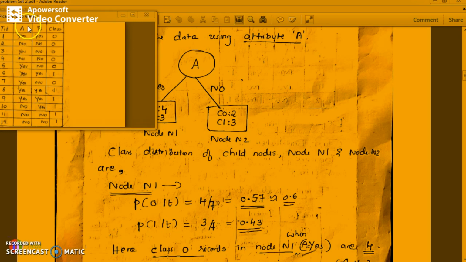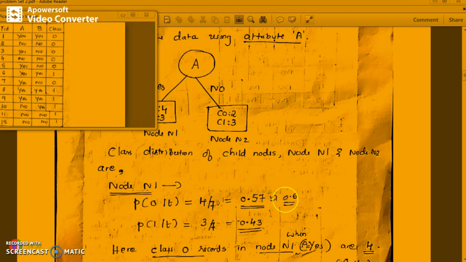There are total 7 records where A value is equal to yes. Out of the 7 records, I have found that there are 4 records belonging to class 0 where A value is equal to yes, correct? So total out of 7, 4 records.